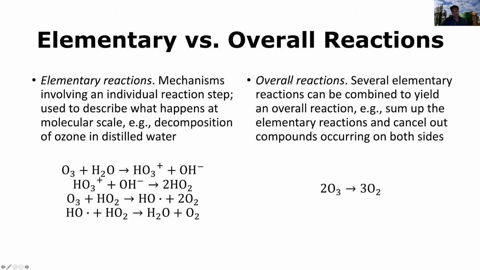An overall reaction, on the other hand, is the simplified version of several elementary reactions that are combined into one overall reaction that just shows what's starting out and what's finishing after the reactions take place. So here on the bottom right, you can see the simplified overall reaction for the decomposition of ozone in distilled water.